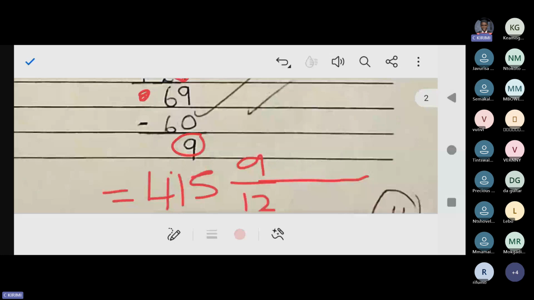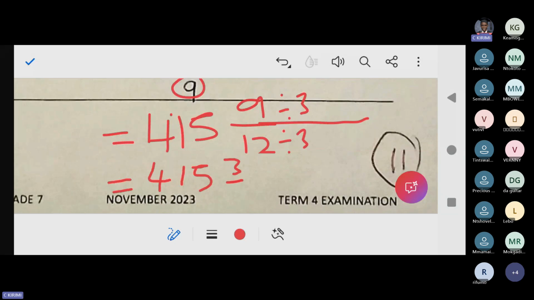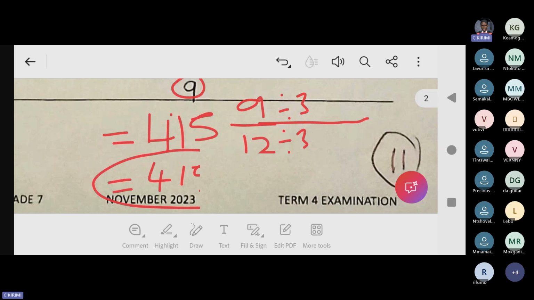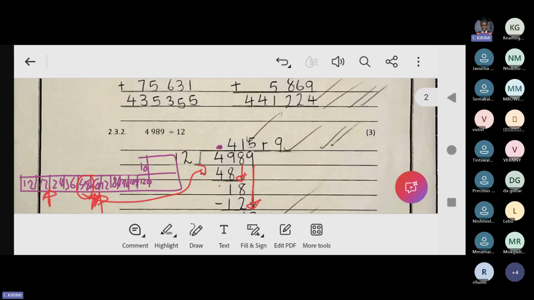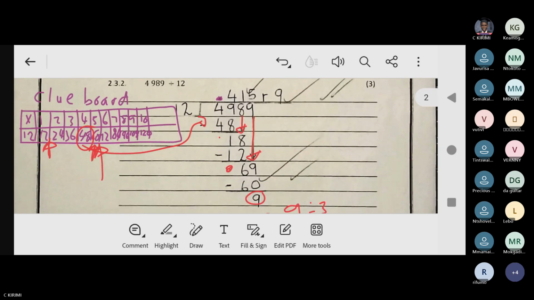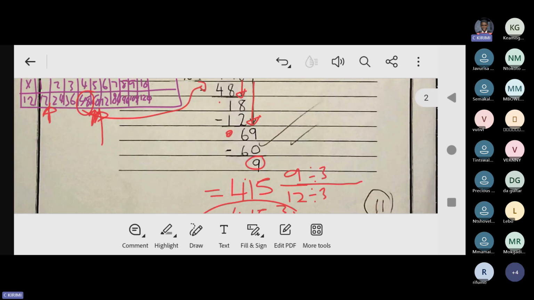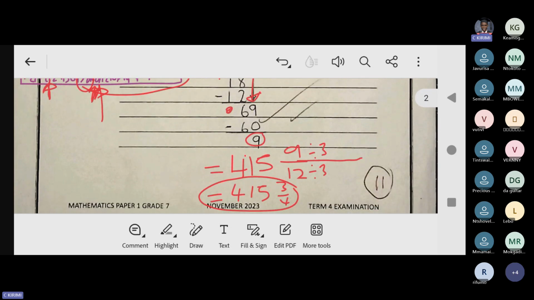So you divide by the highest common factor of 9 and 12, which is 3, to simplify the fraction. 9 12ths divided by 3 gives you 415 and 3/4. That will be in terms of fractions, but it's correct to leave it as just remainder 9. But you must know that remainder 9 is the same value as 415 and 3/4.